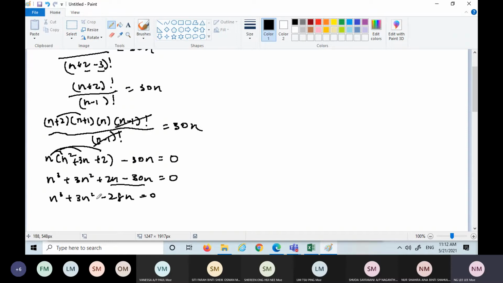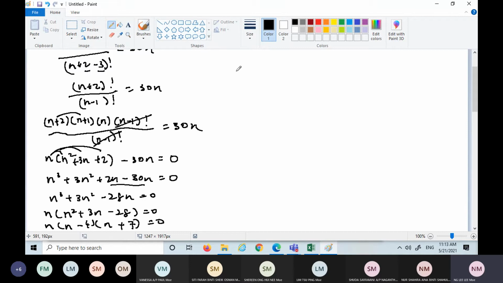Every term has n, so you can factor out n. This becomes n(n squared plus 3n minus 28). Then you do factorization. 28 is 4 and 7. For positive 3n, the bigger number is positive and the other negative: 7n minus 4n is 3n, correct?